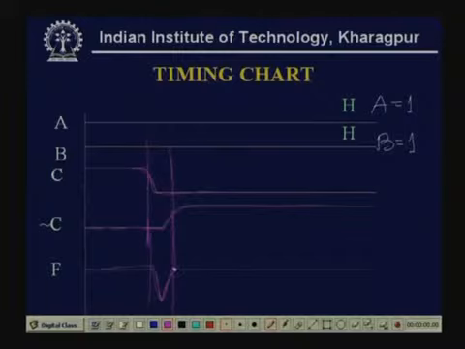So, if we consider the timing chart, this is the reason why we are getting an undefined output, or not the correct output, at this stage when the C is switched.